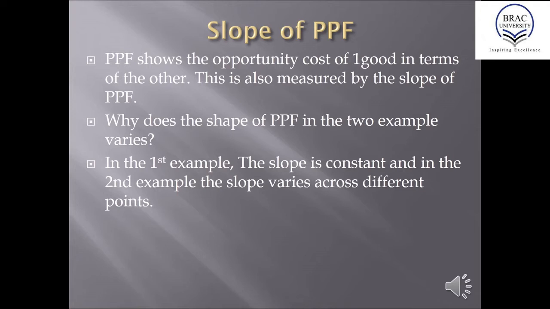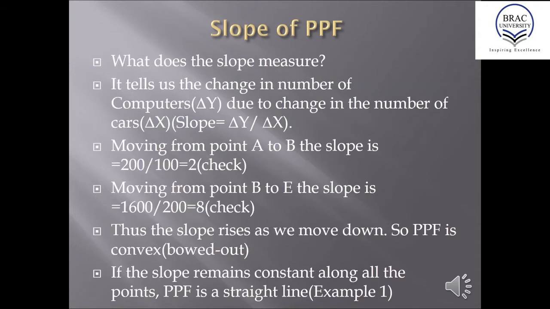Now, why should that be? To know that, first we need to understand what the slope of the PPF measures. The slope measures the change in the number of computers, that is the change in y, since computers are on the y-axis of the graph, due to the change in the number of cars.